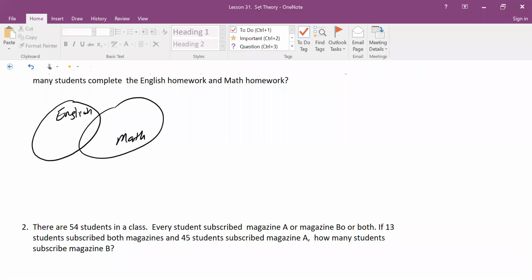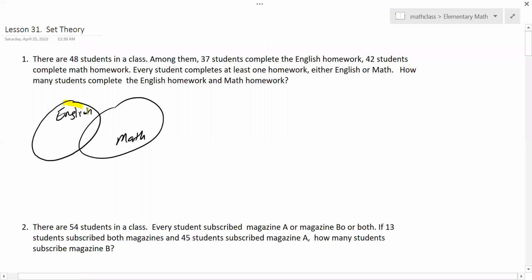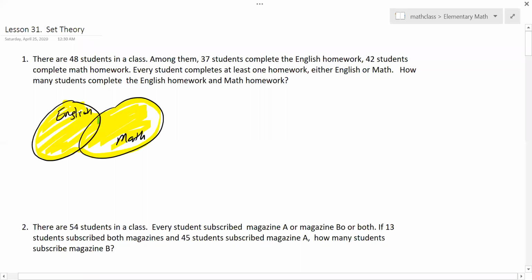Every student completes either the math homework or the English homework, so they must be in the union of those two sets. But there's overlap, and the overlap part will be the students who complete both homework. So we are asking for the overlap part. How do you solve this problem?